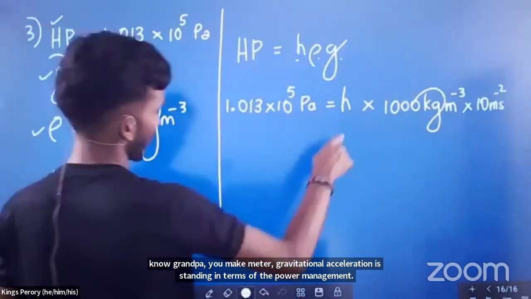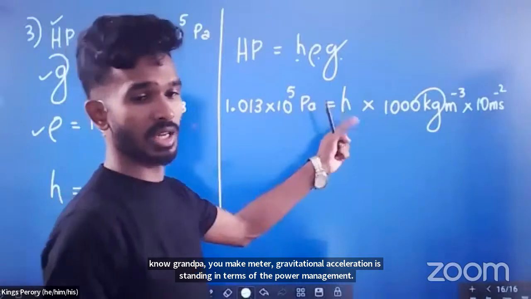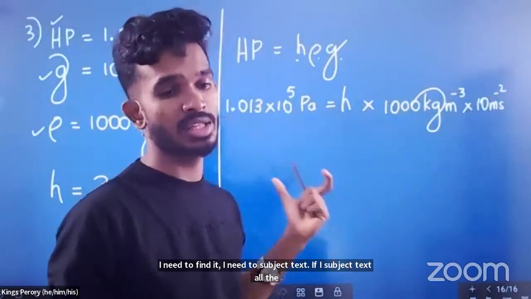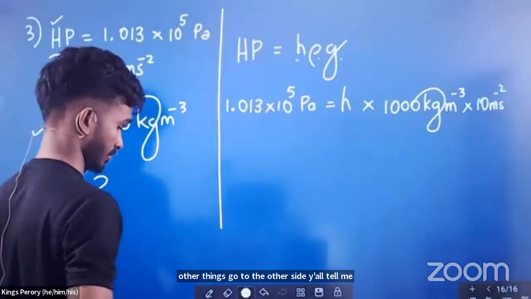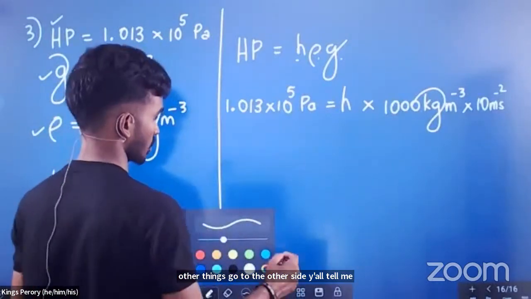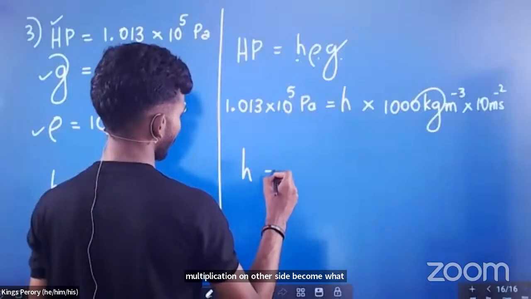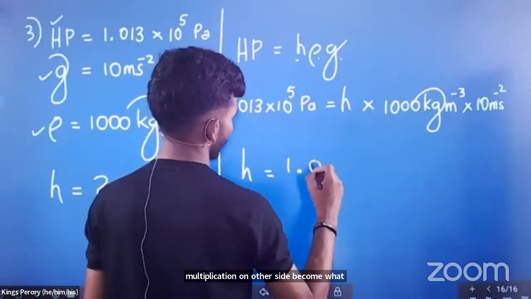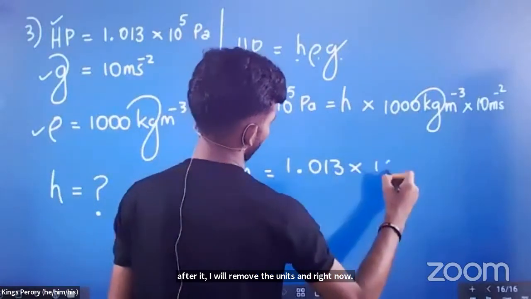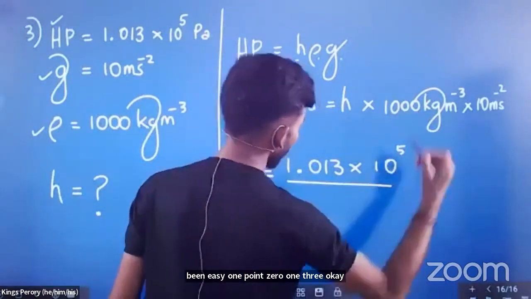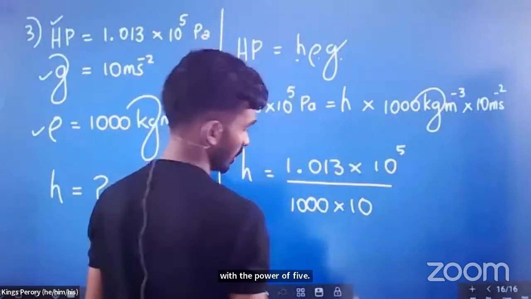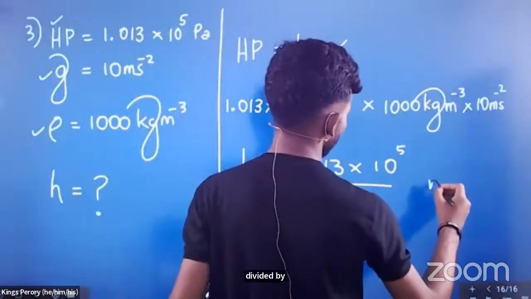If I need to find h, I make h the subject, and all the other things go to the other side. Multiplication on the other side becomes division. So h equals 1.013 × 10^5 divided by 1000 × 10. Height will come in meters.